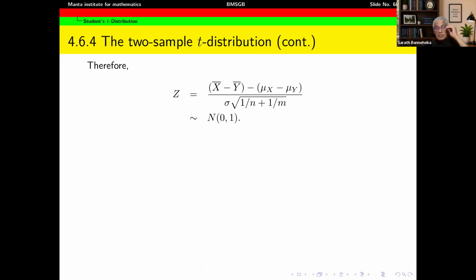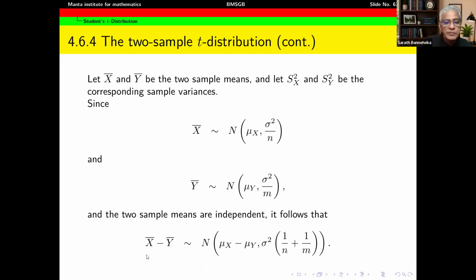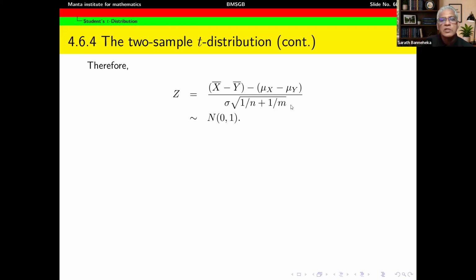And from that, we can standardize this quantity by taking away the mean and dividing by the standard deviation. Then we get this quantity, and let us call that Z. So that Z should have a standard normal distribution. That is one result that I can get from these two samples.